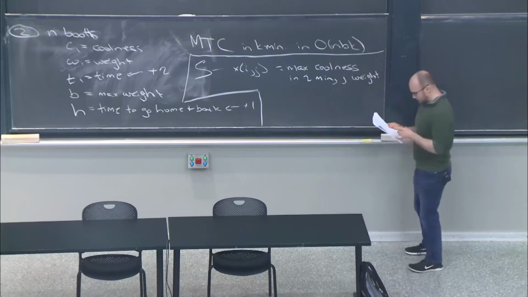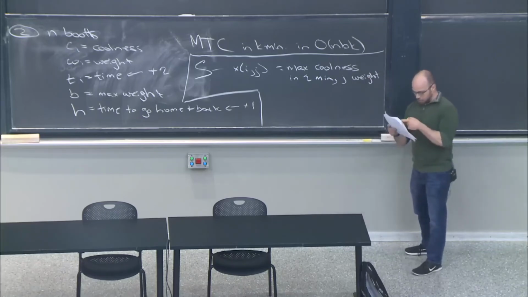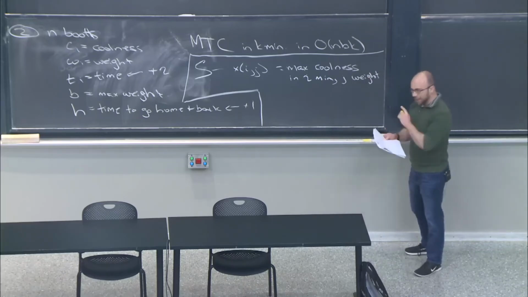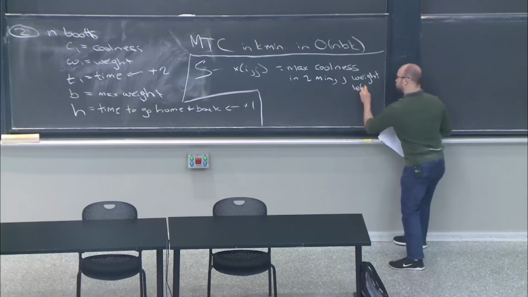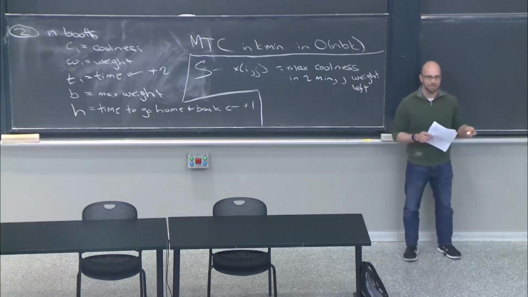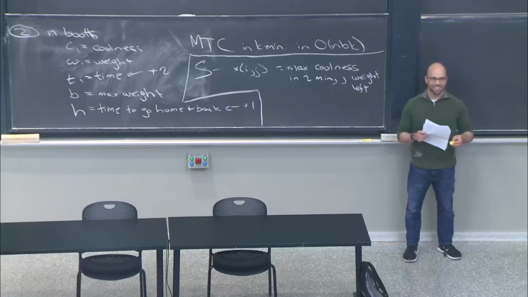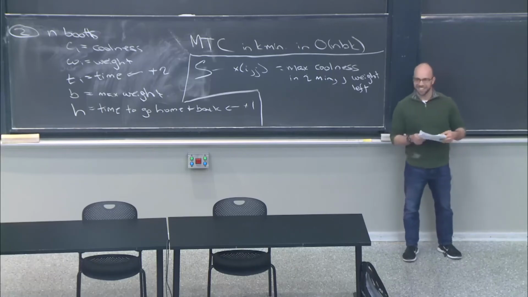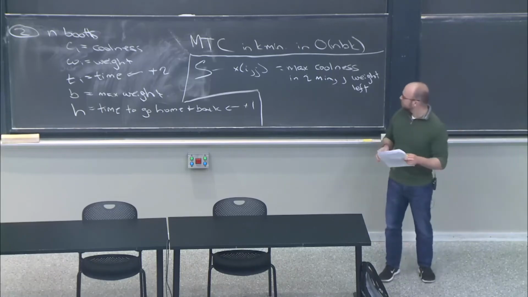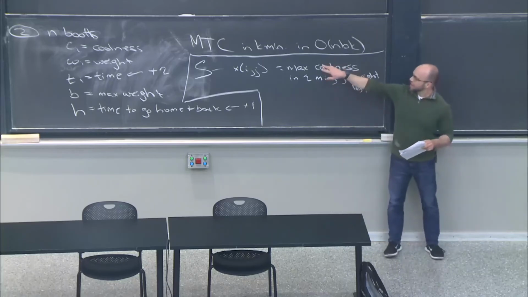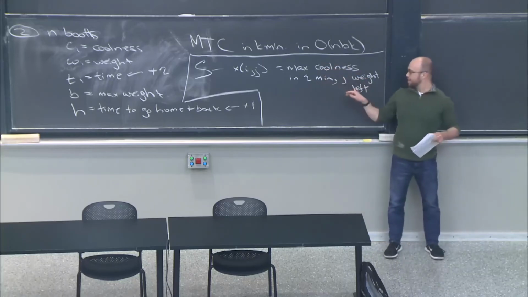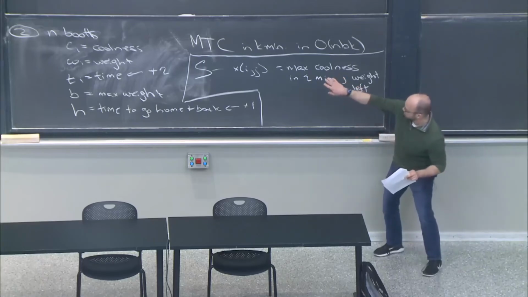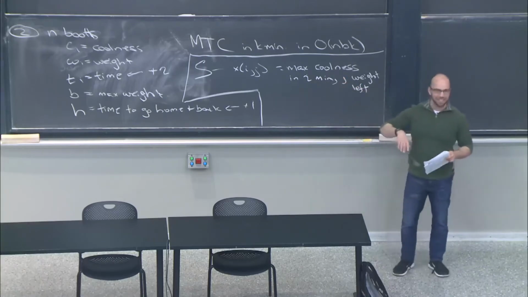Let me glance at my answer to see if it's weight left in his bag or weight that he's carrying. Left in his bag. Either one would make a reasonable problem. I'm just bad at looking at my notes and seeing them disagree with the board, so I'm going to try and stay consistent. Okay, so xij is the MTC in i minutes with j weight left, rather than in k minutes with b weight, which is going to be our base problem.